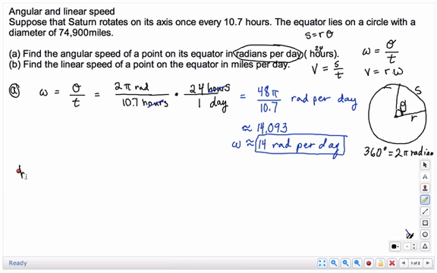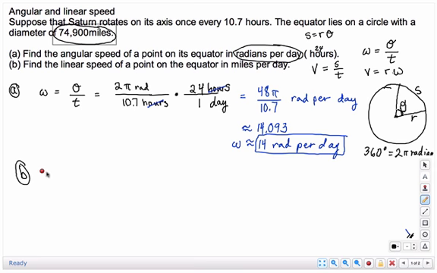The second part asks for the linear velocity on the equator in miles per day. The diameter of the equator is 74,900 miles, so we're going to need to take half of that for the radius.